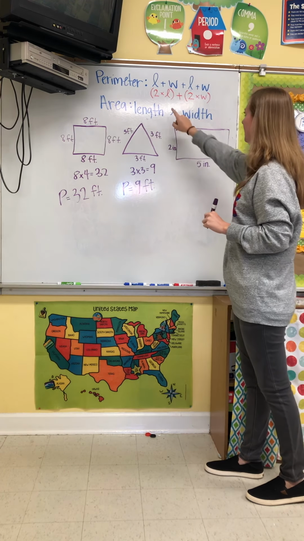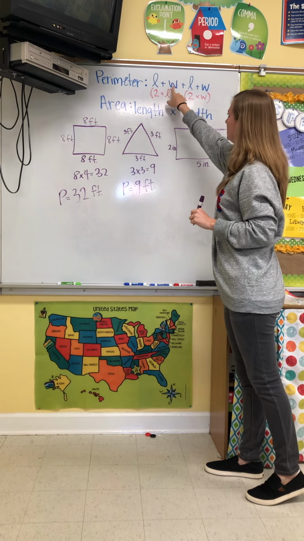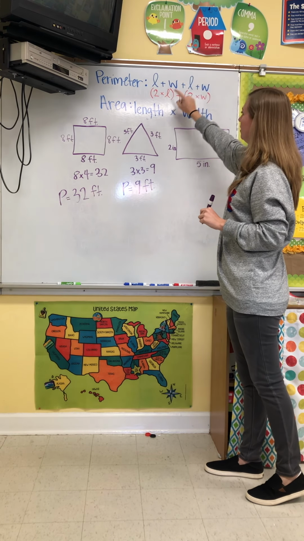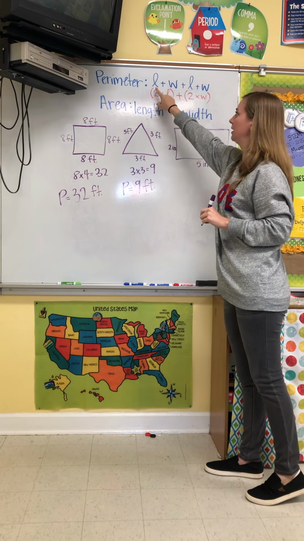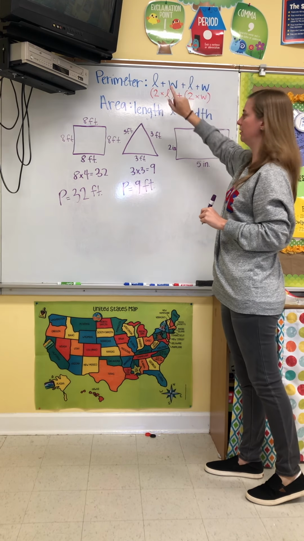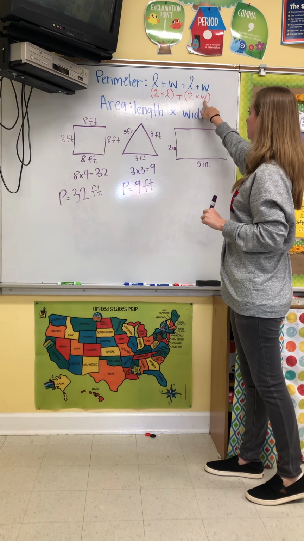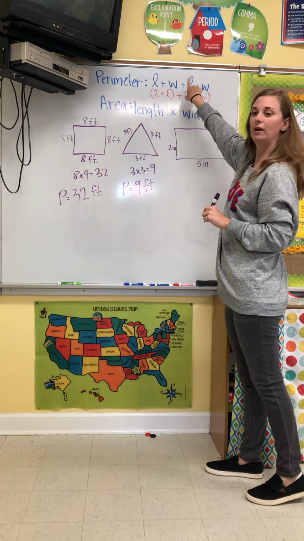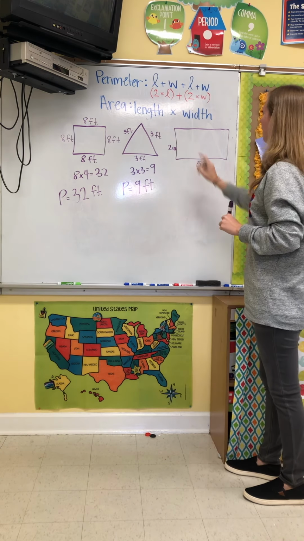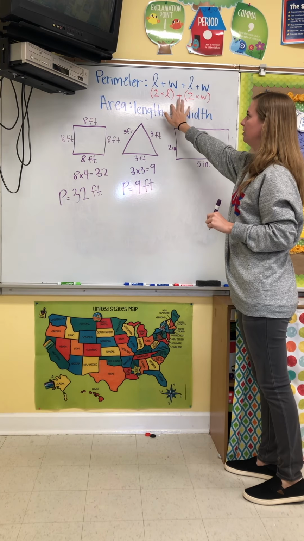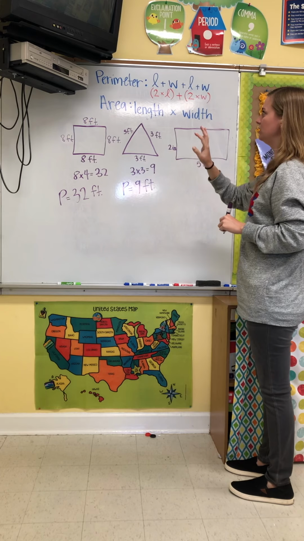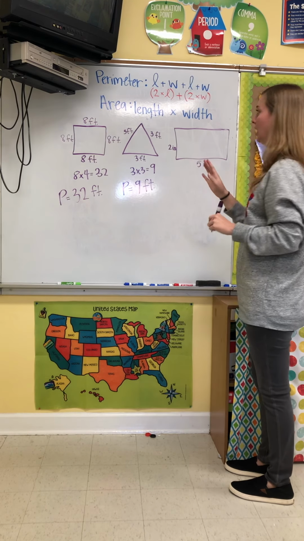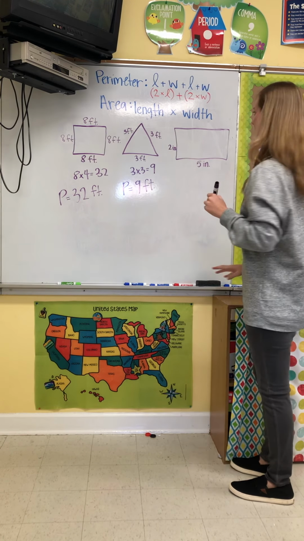Our formula is length plus width plus length plus width, or we can write it as 2 times the length, because we're working with 2 lengths, plus 2 times the width, because we have 2 widths. I'm going to use the red formula with multiplying by 2 because that's going to be easier and less confusing than adding up all of the things together, but you can use whatever works best for you.